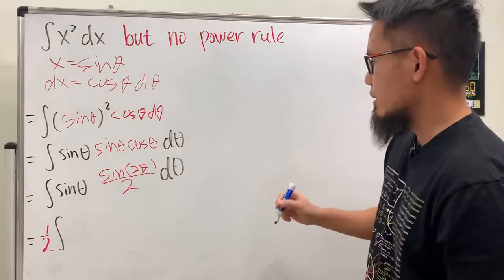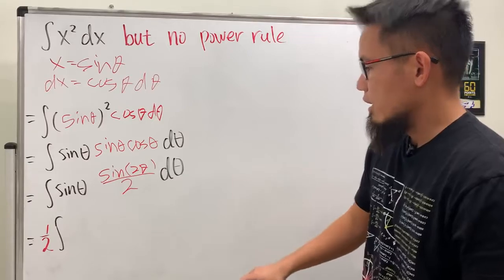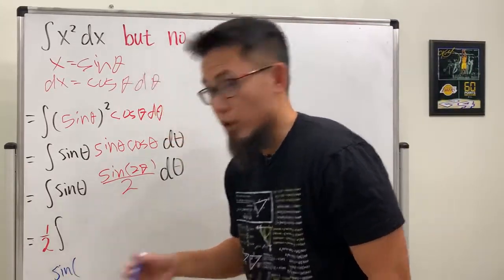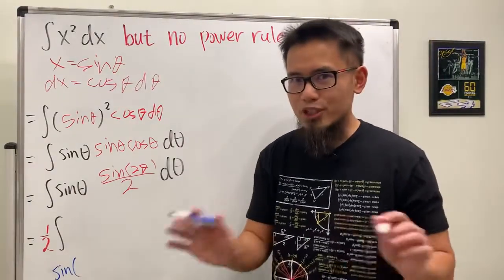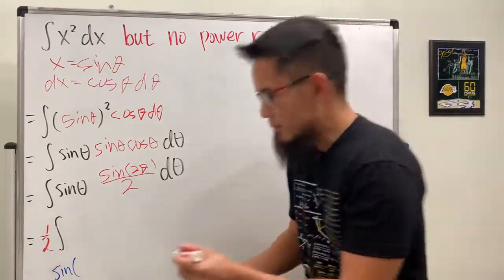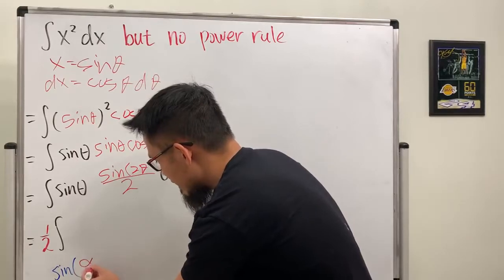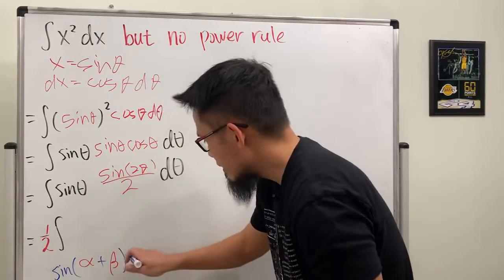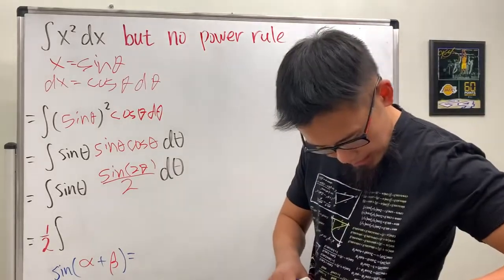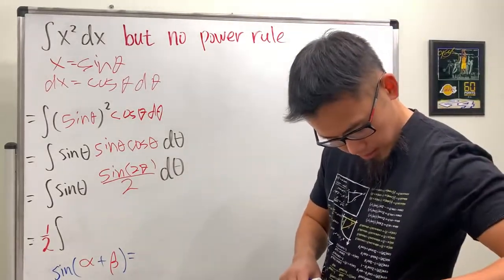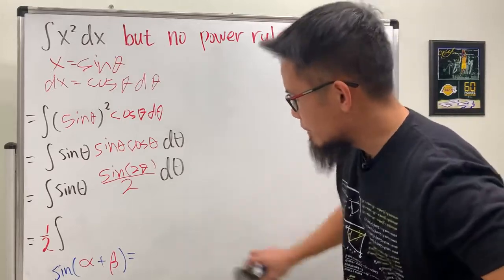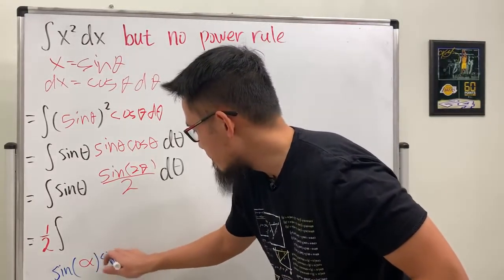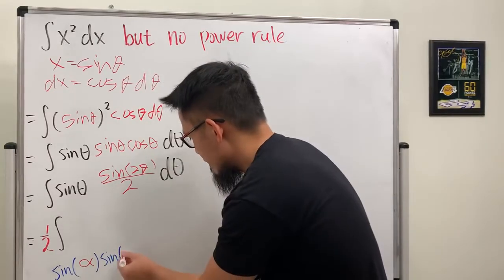So let me just put that down right here on the side for you guys. Right here, the formula says if you have sine of 2 angles, and I'm going to write the angles in red, alpha and beta. I'm looking at the wrong one. I'm looking at sine alpha times sine beta, right, this one.